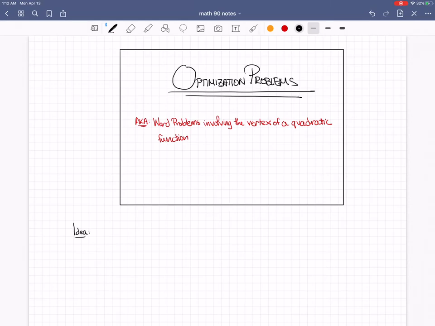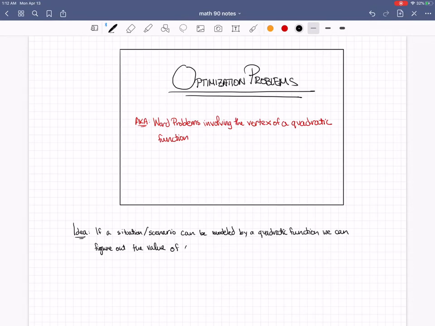The idea behind this is if a situation, a scenario, can be modeled by a quadratic function, we can figure out the value of the input, so I'll just say of x, it's not always x, but I'll just say x, at which the optimal result is achieved.